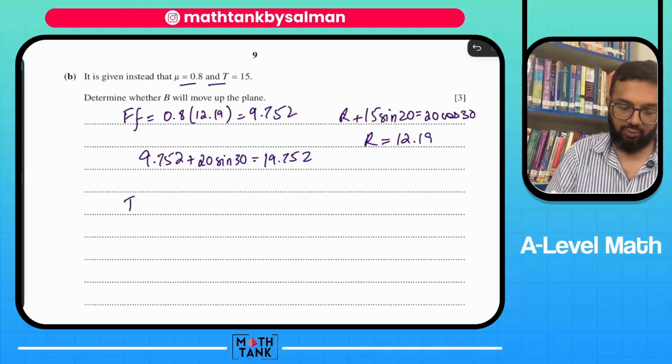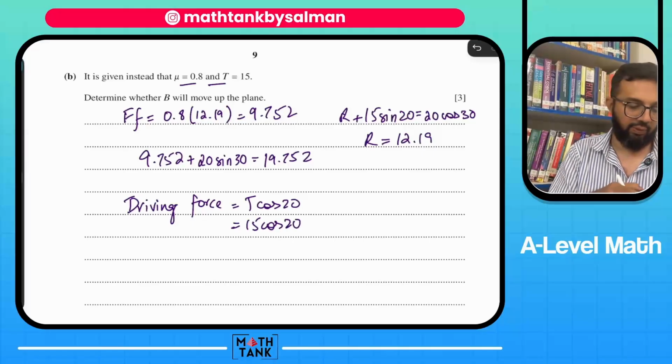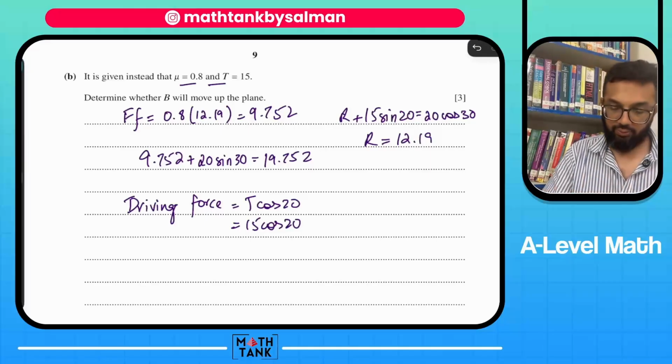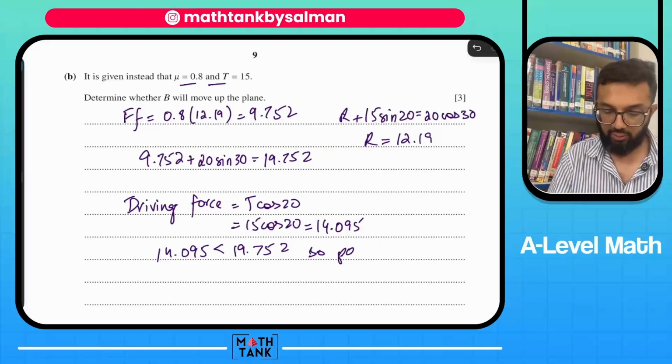Then the driving force is T cos 20, so 15 cos 20 is 14.095. 14.095 is still less than 19.752, so the particle will not move up the plane.